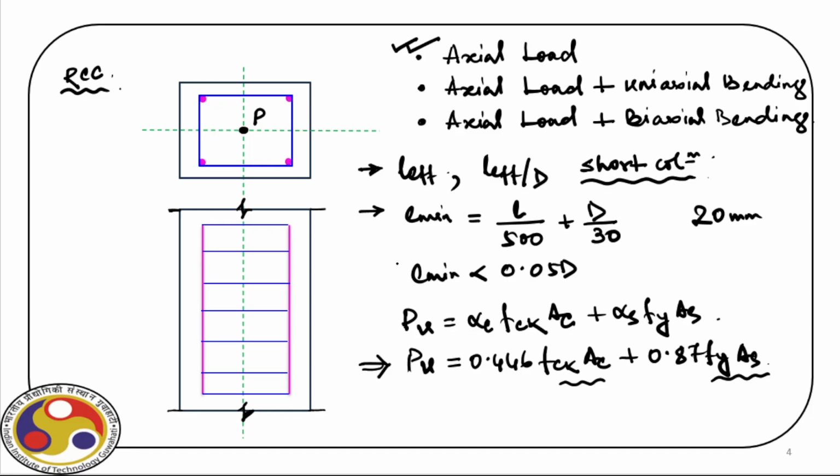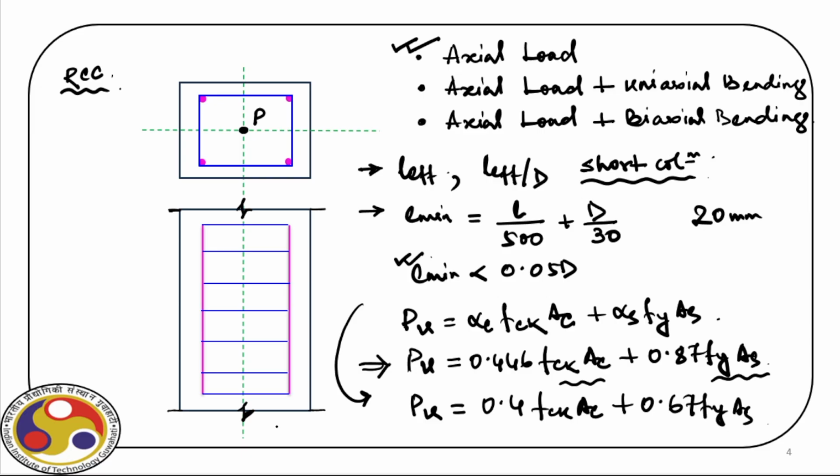Now, obviously, if we satisfy this condition, then we can improve this expression for capacity to 0.4 FCK AC plus 0.67 Fy AS. The value of alpha S depends on the type of steel that we use, but in IS 456, we can use the value of 0.87.